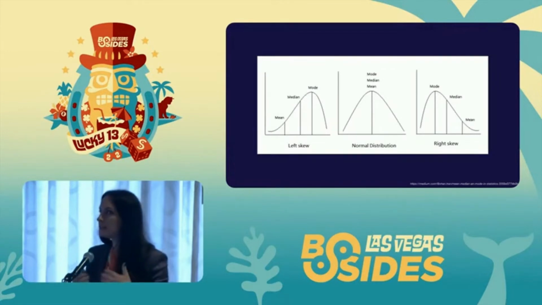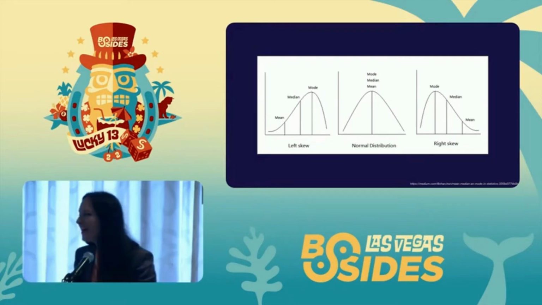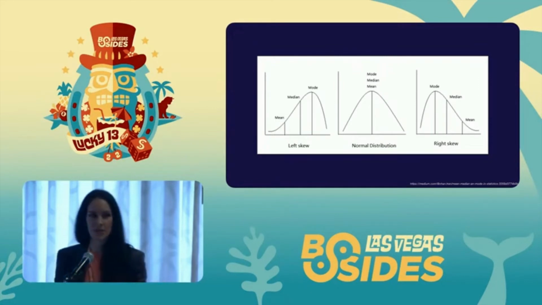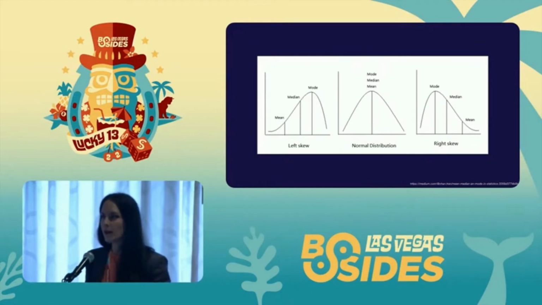These values allow us to understand the shape of our data, much in the way that you can see here. So we can understand if our data is skewed a bit, if we have right or left skew, et cetera. So if we have these measures of central tendency, we should be good, right? Like we've described our data set, and we're good to go, right?